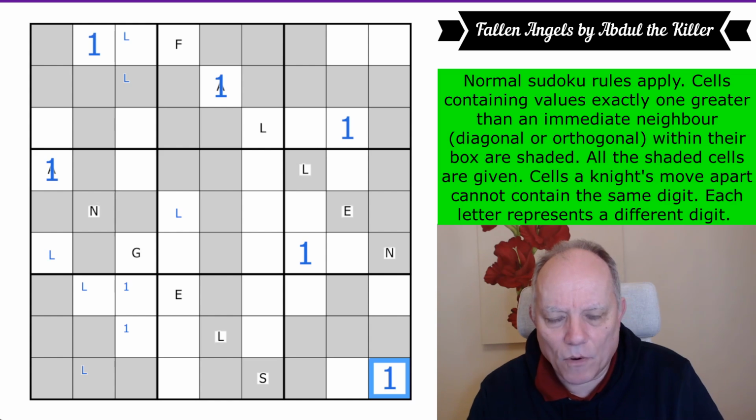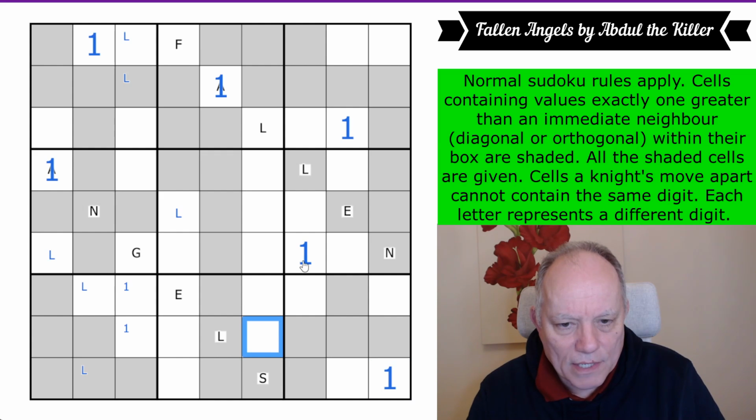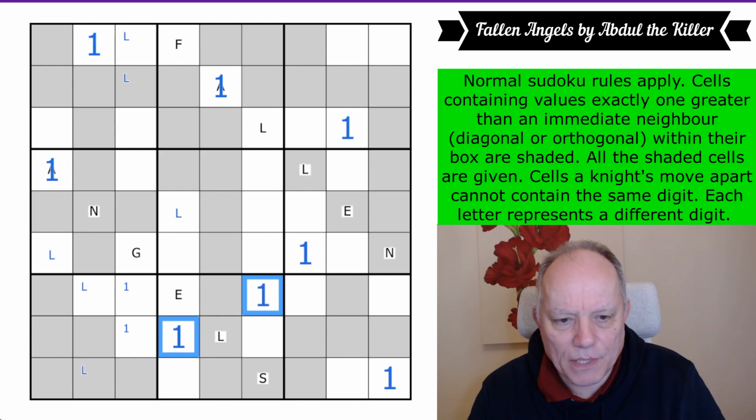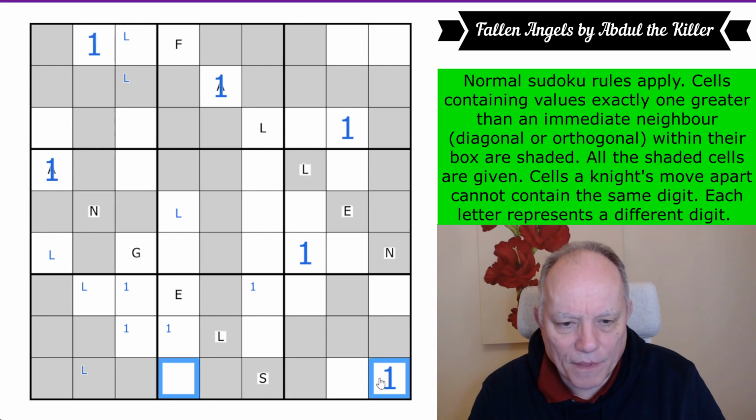That one in box 9 after we consider the knight's move from there. That one sees that by knight's move. That is not 1 because it's E and not A. So 1 is in one of those positions in box 8. Can't be there by knight's move, can't be there horizontally.